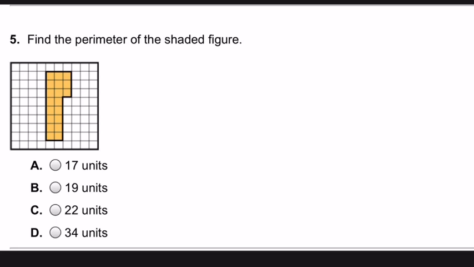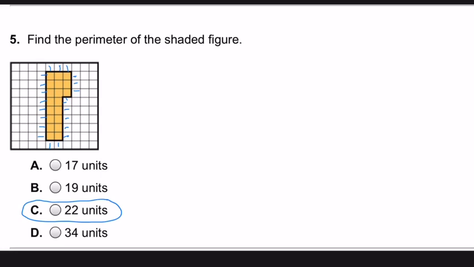Let's start counting. 1, 2, 3, 4, 5, 6, 7, 8, 9, 10, 11, 12, 13, 14, 15, 16, 17, 18, 19, 20, 21, 22. So the perimeter of this shaded figure is 22 square units.